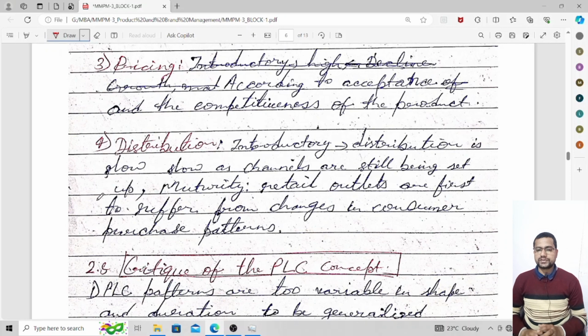Because when new products are being launched, many different channels are used to distribute the product. So that's why in the beginning it requires more resource and more time. So that's why here it is written distribution is slow as channels are still being set up.